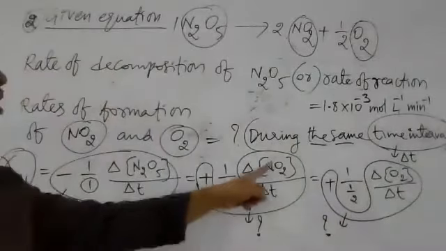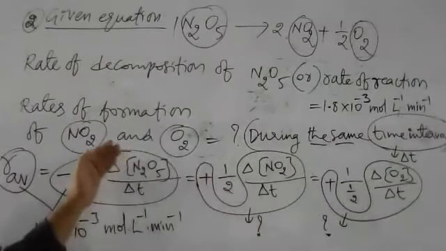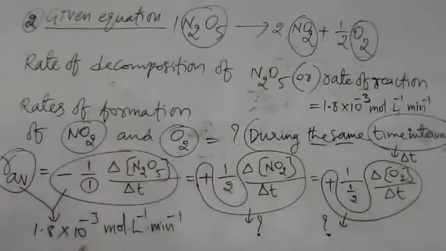If you want to get delta NO2 by delta T, 1 by 2 will be taken to this side, so 2 into 1.8 into 10 power minus 3. If you want to get plus delta O2 by delta T, the 1 by 2 means 2 is already there.